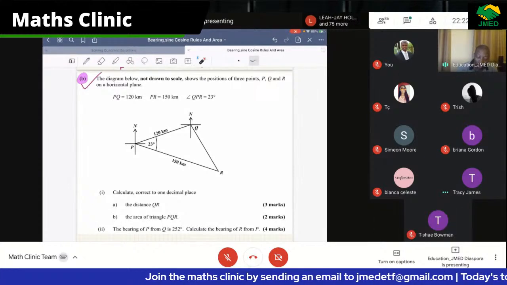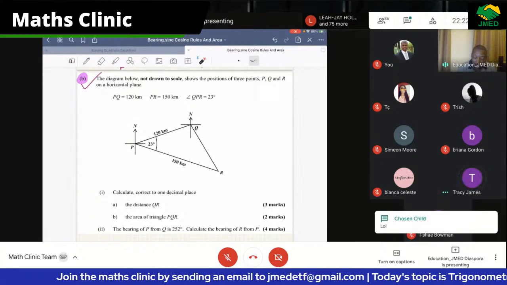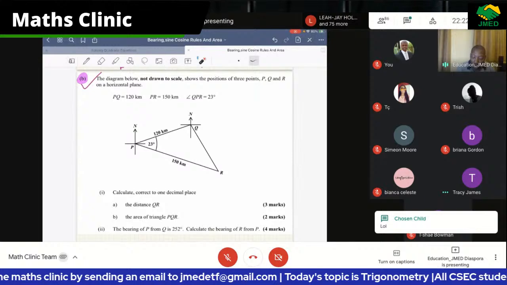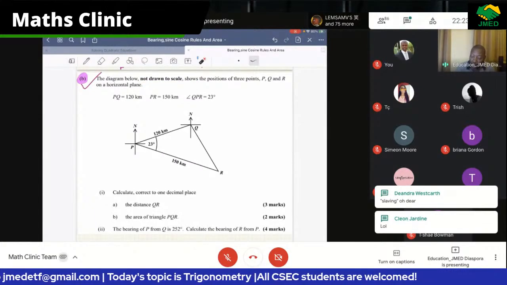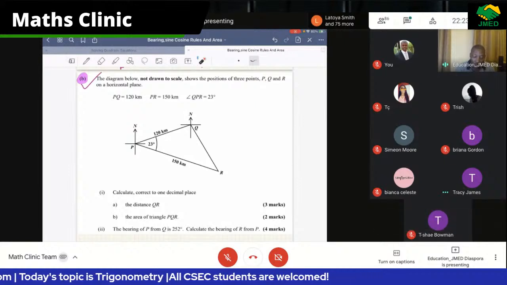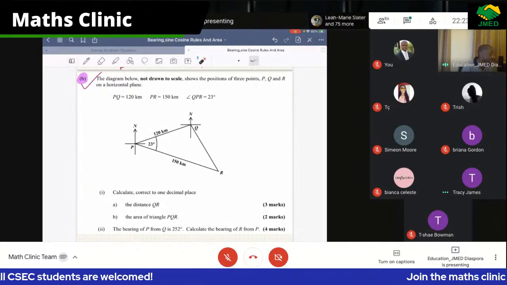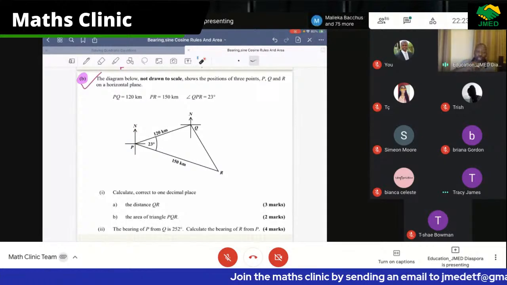Okay? So read the question carefully again. The diagram below, not drawn to scale, shows the position of 3 points P, Q, and R on a horizontal plane. Remember, we discussed what the horizontal plane is. It's just a flat surface that has 3 points on it.